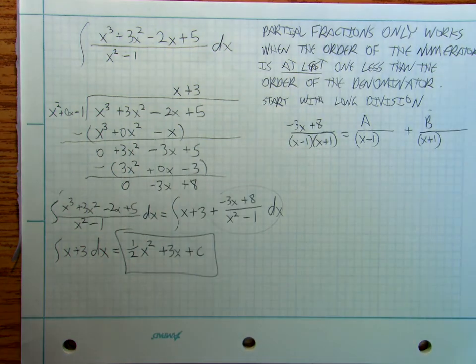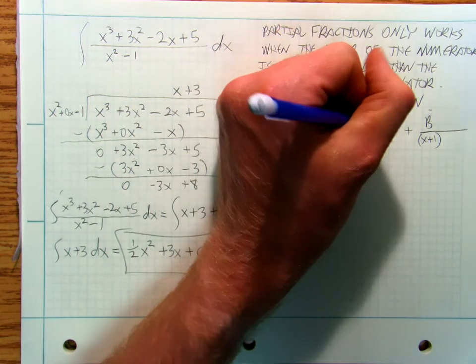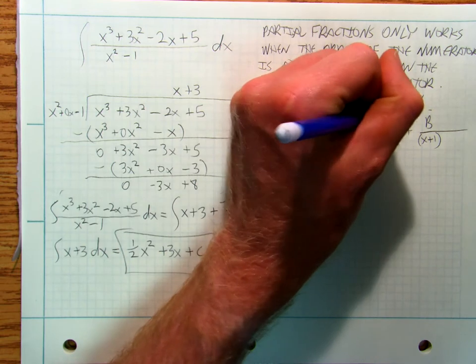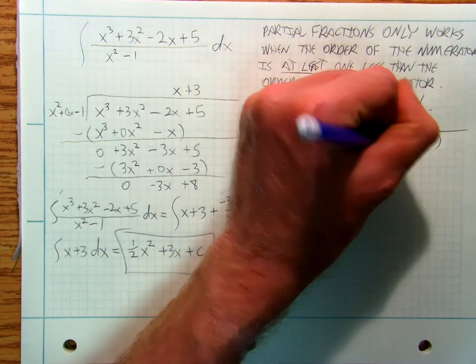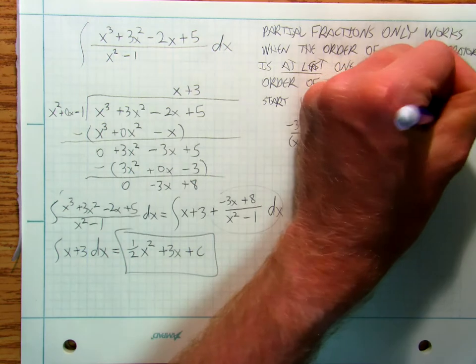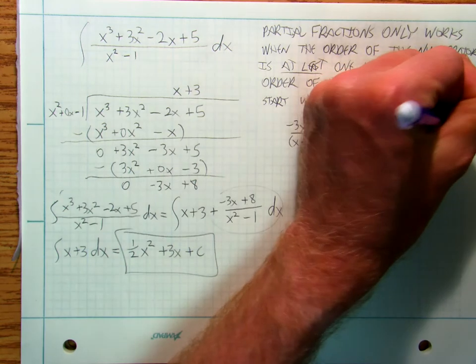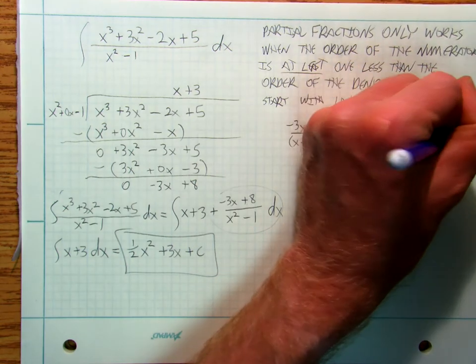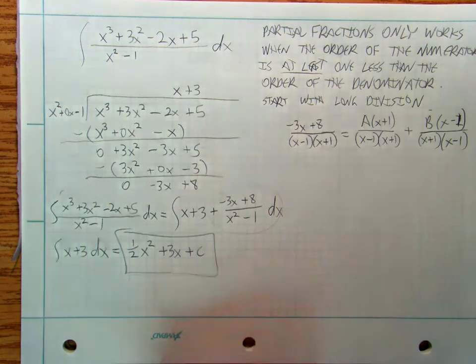I'm going to multiply this one by (x plus 1) over (x plus 1), and this one by (x minus 1) over (x minus 1).